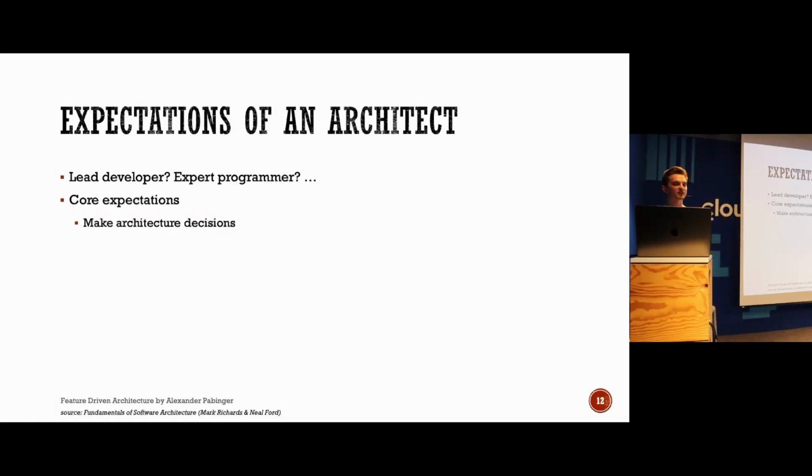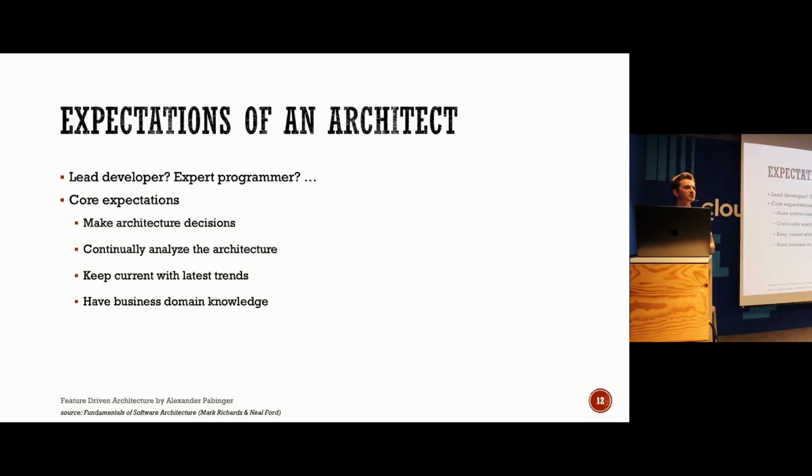The core expectations are, we already heard that he should make architecture decisions for sure. He should continually analyze the architecture because the software evolves over time. We got new requirements, a new user base, and he should continually evaluate the architecture. He should keep current with the latest trends. I guess all of you are doing that because you're sitting here. Maybe just because of the food and the beer, but you also want to hear something new.